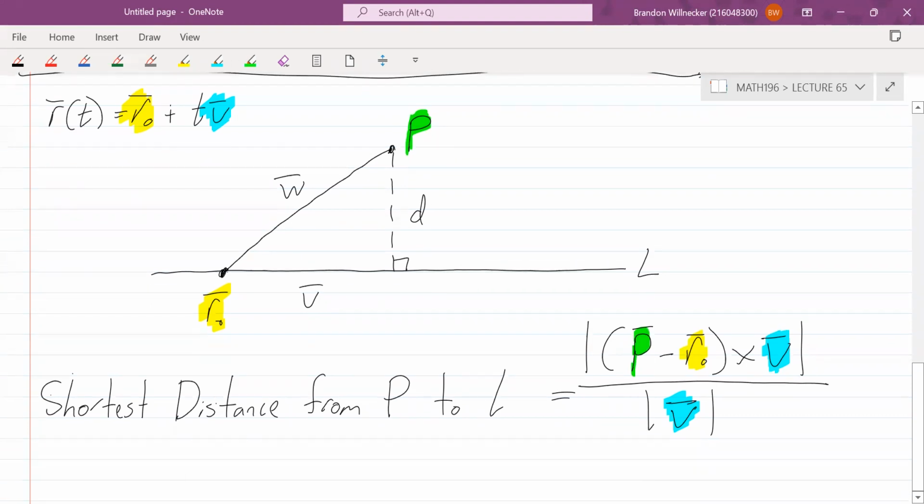So with those 3 bits of information, we can find the distance from P to the line. Are there any questions about this? Okay, let's have a look at an example.